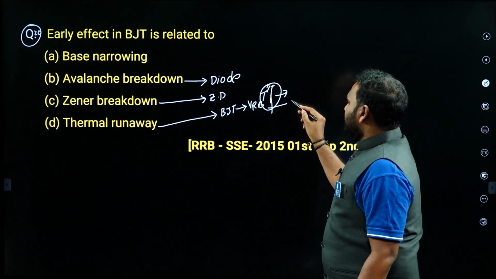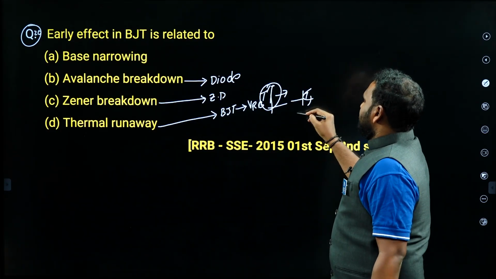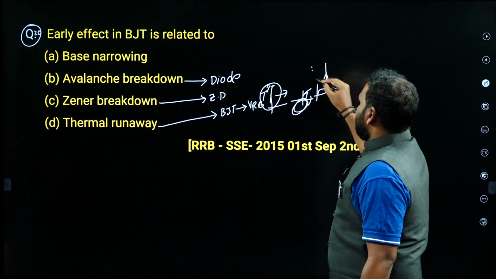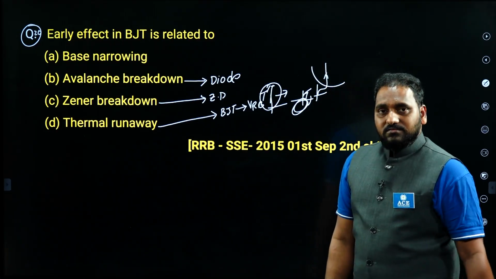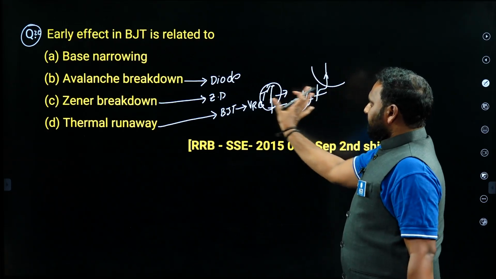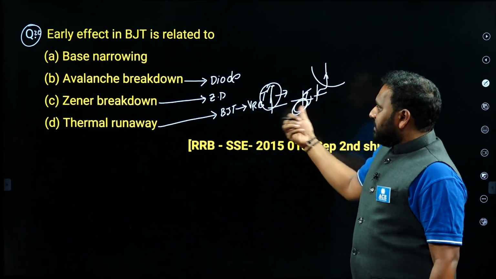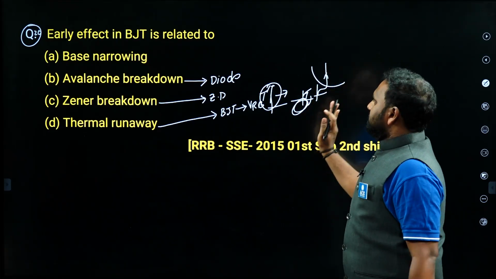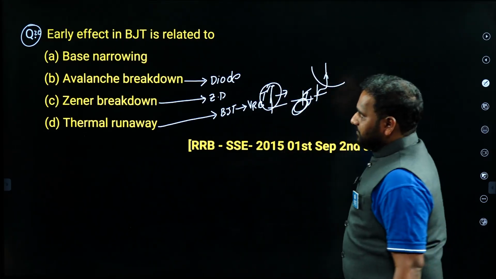Do you remember that? I have explained that, okay. Then due to that cumulative effect, the transistor enters into deep saturation and the device will be damaged. This is just a rough sketch only. We have spent around half an hour on the thermal runaway concept, but this is the rough sketch. So this is the thermal runaway concept.